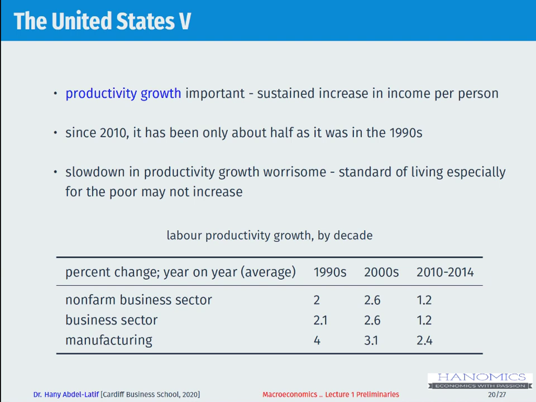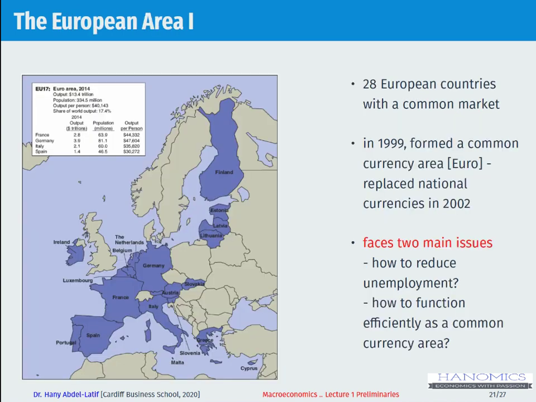If we look at these figures in the US, you will see that the productivity growth has slowed down. And again, this is something to worry about because this affects income per person, and that means it might even hit the poorest harder. So this is the first block, the largest economy in the world.